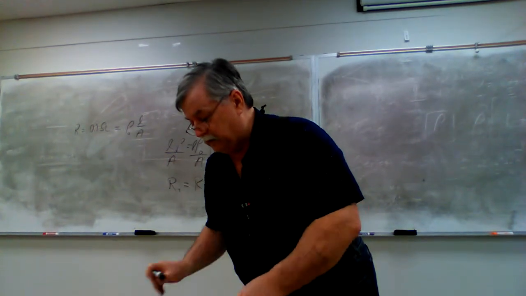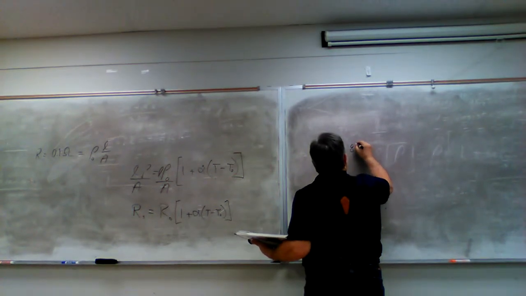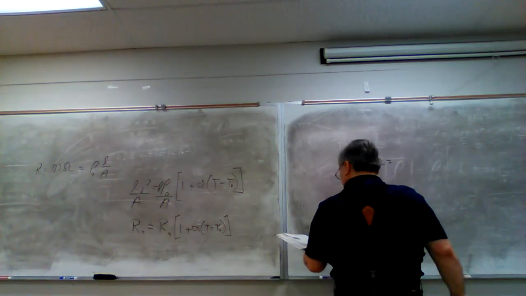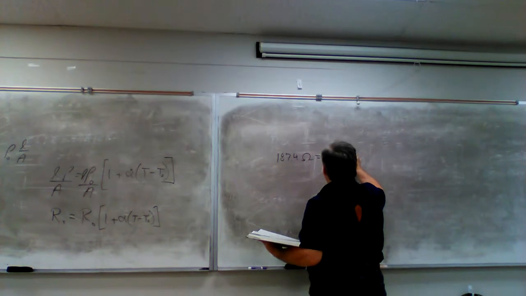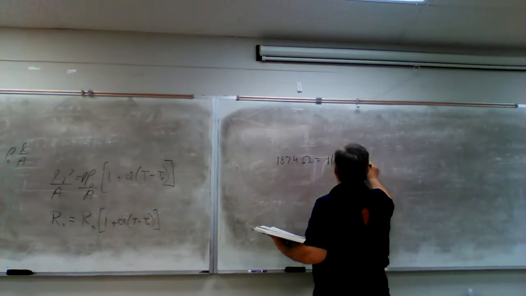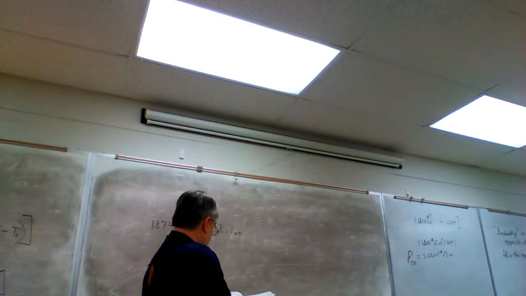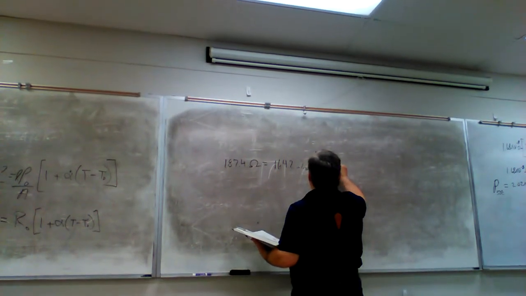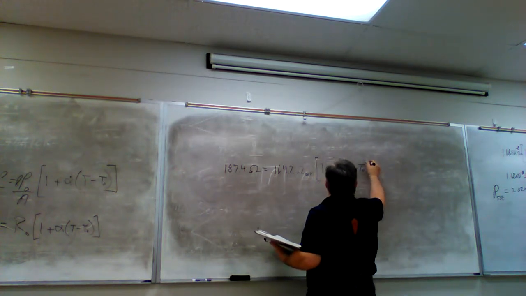Once it's in solution, it goes up to 187.4 ohms. That then is equal to, what's it start off at? At 20 degrees C. Times 1 plus alpha, T minus T sub naught.